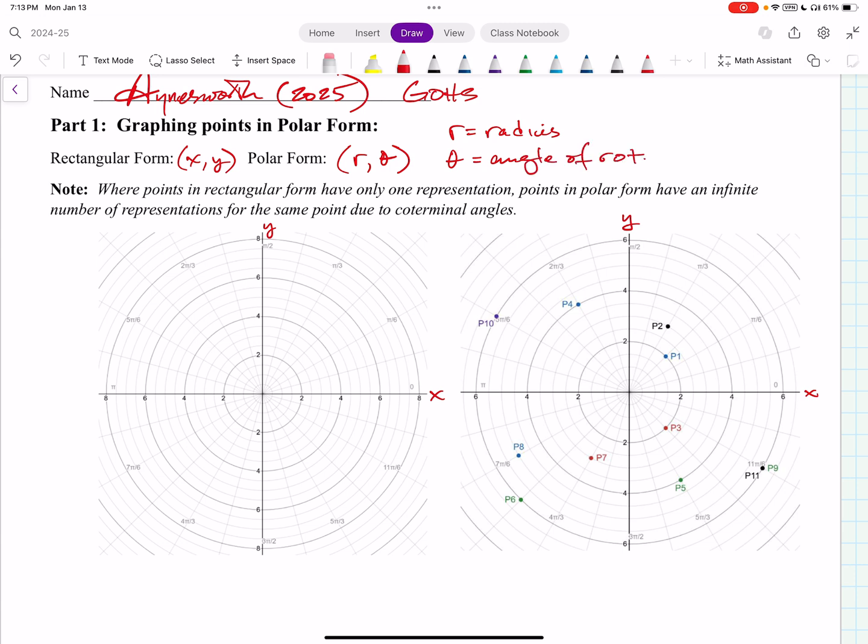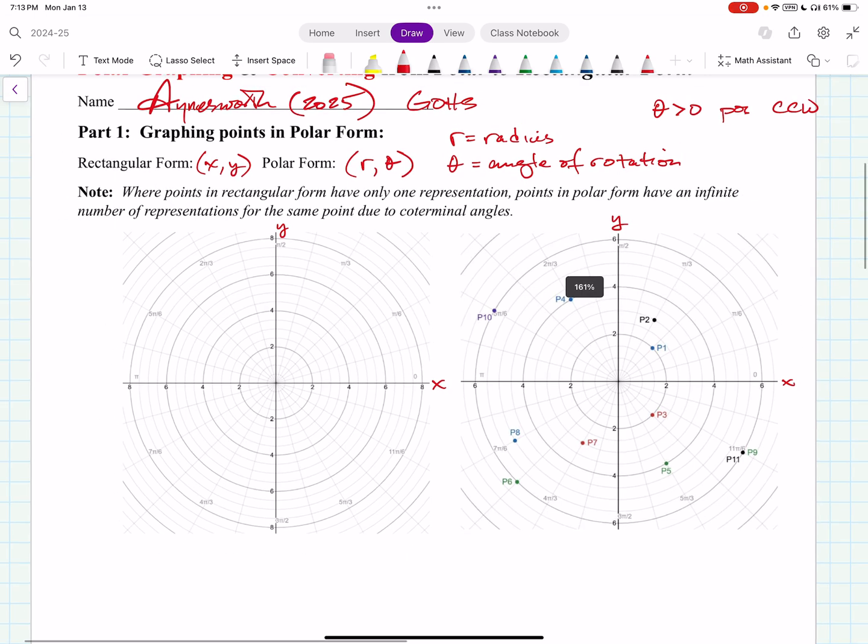As you guys know, if theta is positive, which means it's greater than zero, that's the mathematical way, I'll put POS just for positive, you rotate in a counterclockwise direction, CCW.